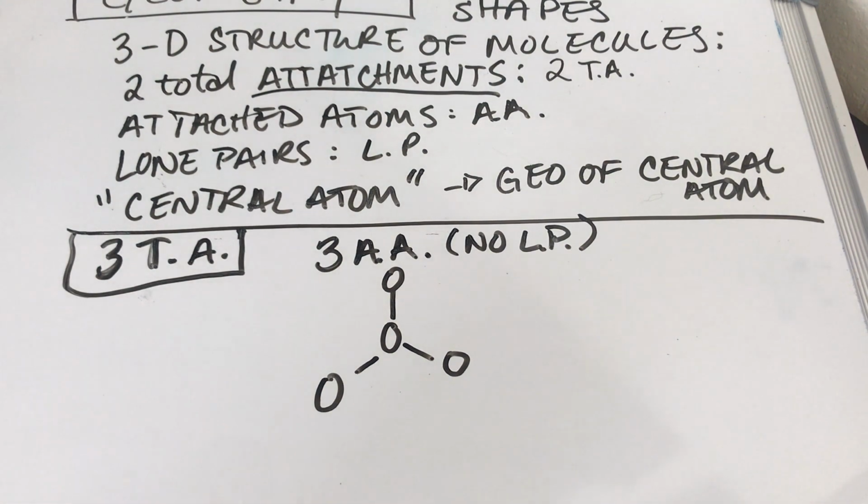So that's why when we're drawing these structures, we're always trying to maximize the distance between the attached atoms and or the lone pairs, right? Does that make sense? So in this case, is this a 3-dimensional molecule or a 2-dimensional molecule?